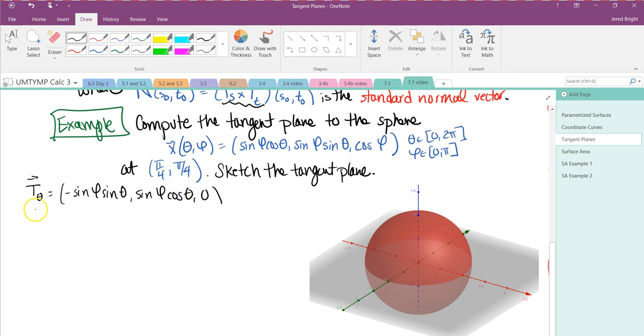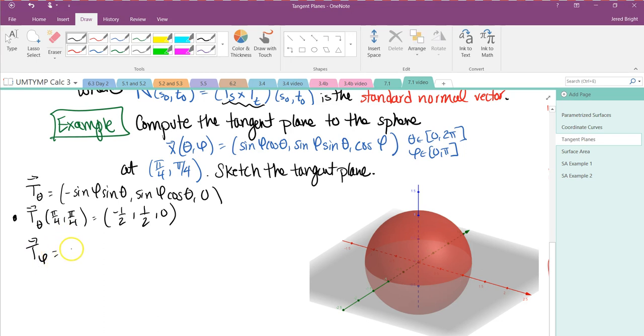Then I plug in, so now I need to find this at our point of interest, pi over 4, pi over 4, and what I end up getting is minus one half, one half, and then 0. That's fine, and that's our first vector. Now I want to do this with respect to the second variable.